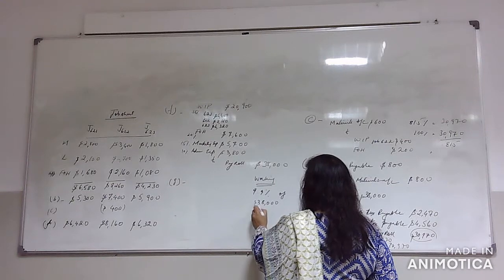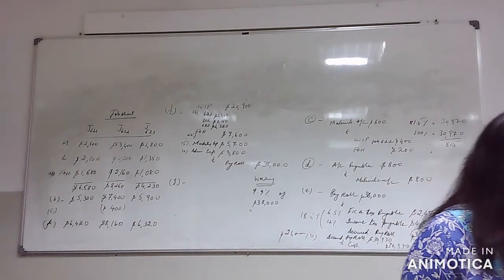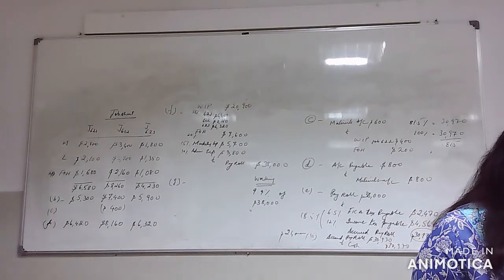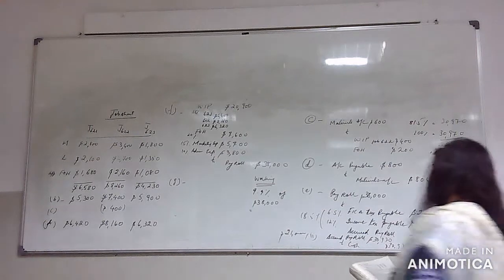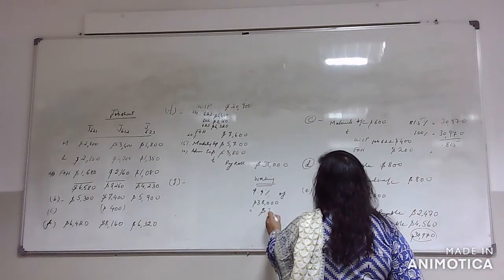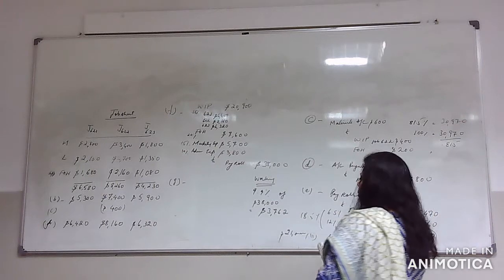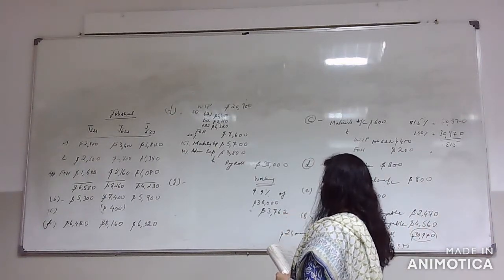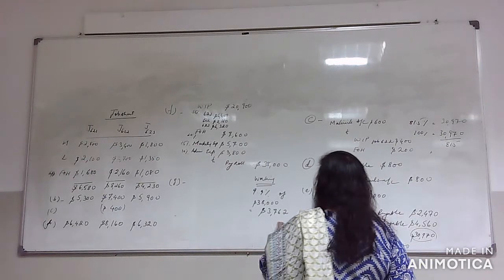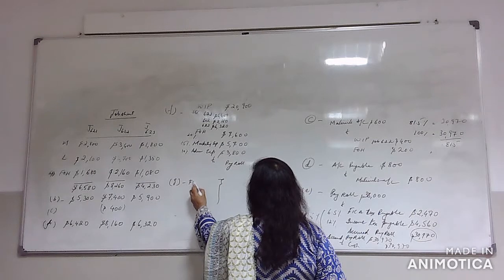Okay, so this comes to about 3762. 3762 is just 0.099 into 38,000 to get 3762. And this will be actually the value that we'll place here with respect to overhead.